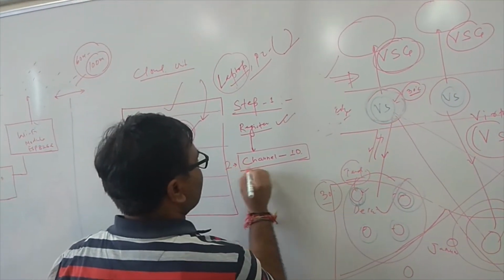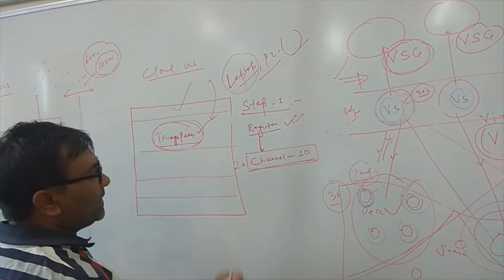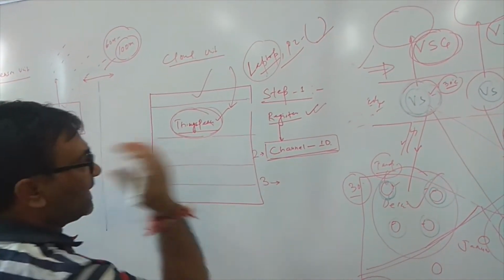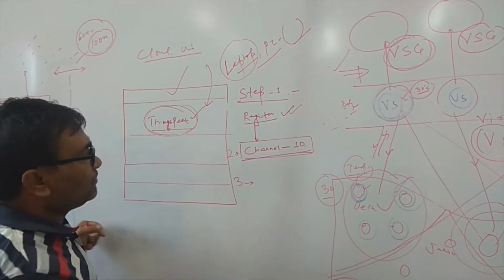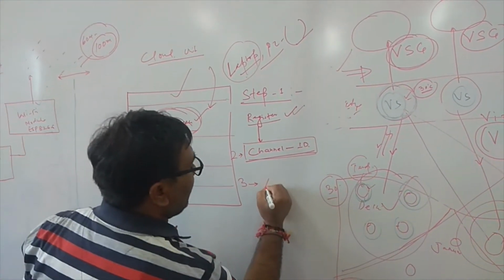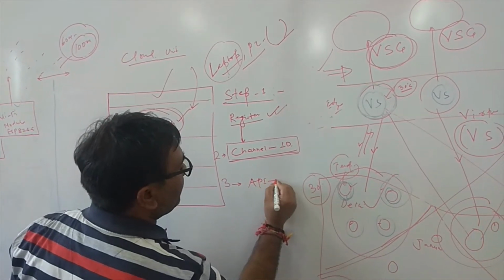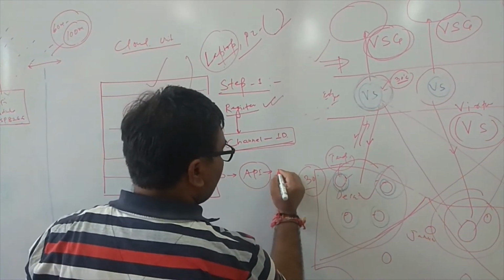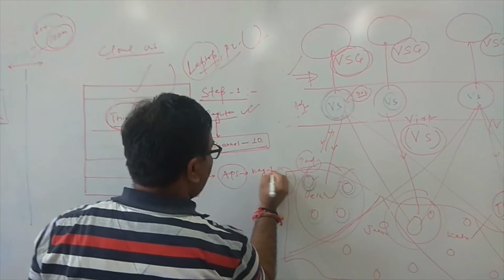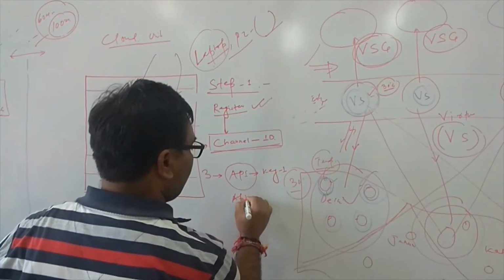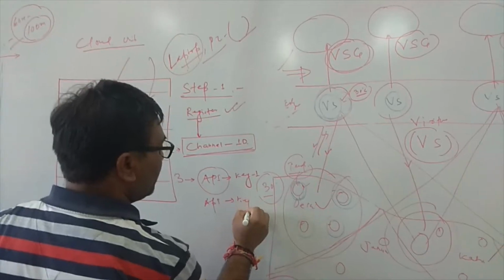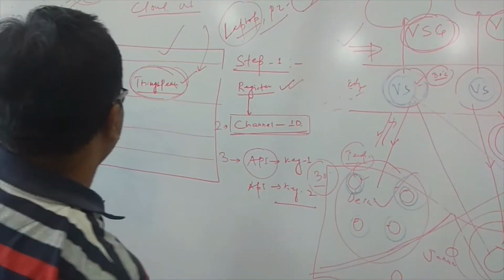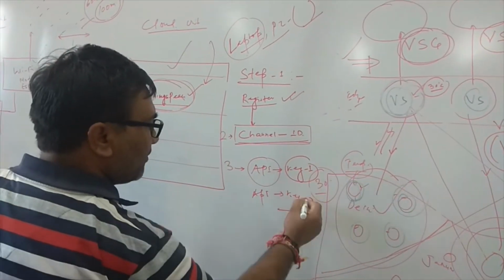Second step is get the channel ID. After the channel ID you are able to communicate, but without the API keys, you are not able to receive or send the data. So what are API key 1 and API key 2?